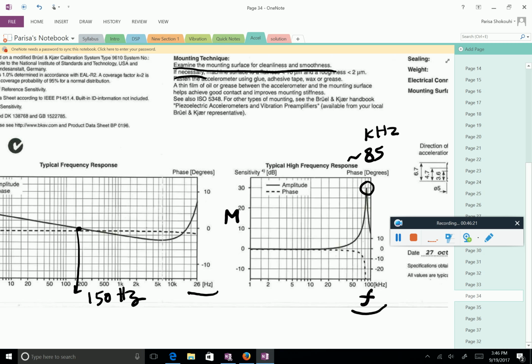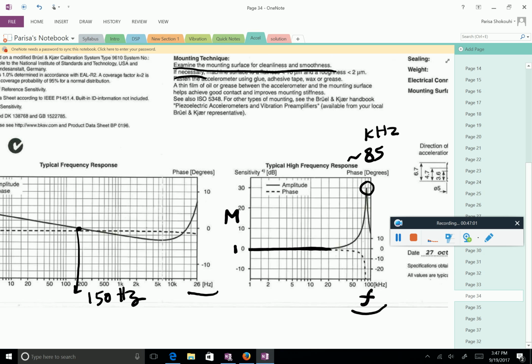Mounted is when it is attached to the surface and then they measure the natural frequency, I think. What is important in these charts is to see up to where it is equal to 1. Honestly, I never had to deal with mounted versus not mounted. Typically what you want to know is up to which point you can use it. Sometimes, for the cases we are looking at, we are willing to compromise and go to higher frequency at the loss of amplitude.